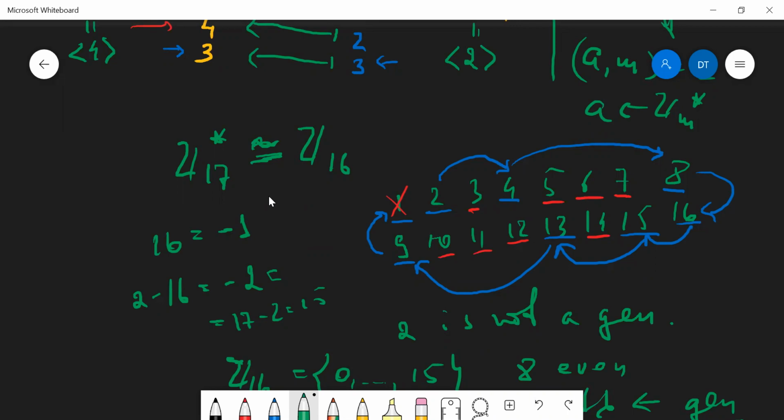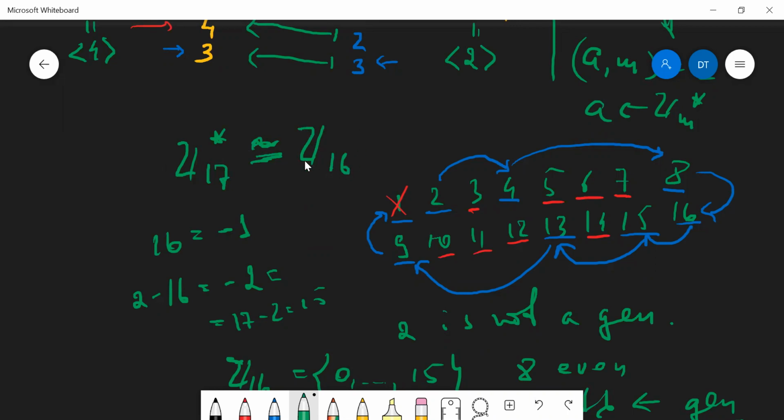So every element here, which is a generator, corresponds via this isomorphism. Well, if I find at least one isomorphism, but we know that there is at least one isomorphism. So every generator of this group here corresponds to a generator of this group here via this isomorphism.